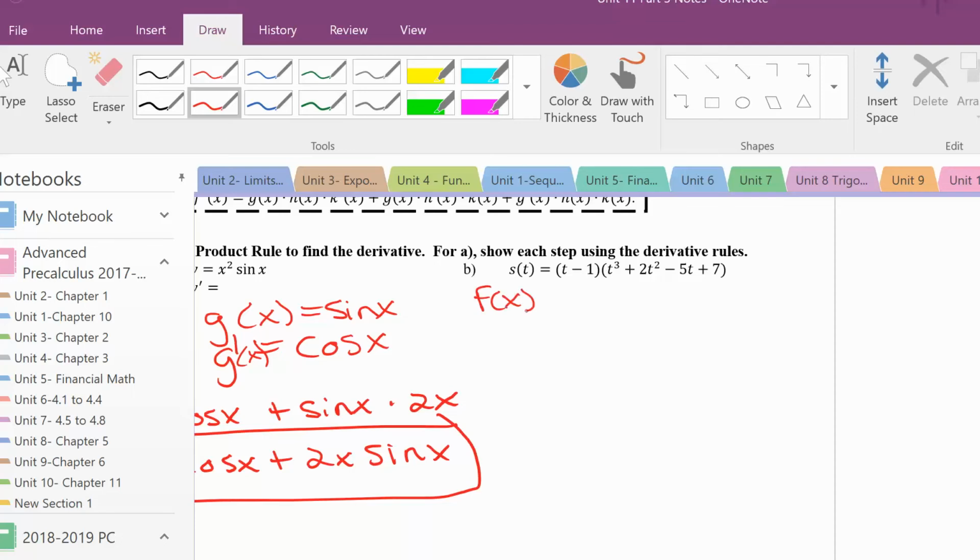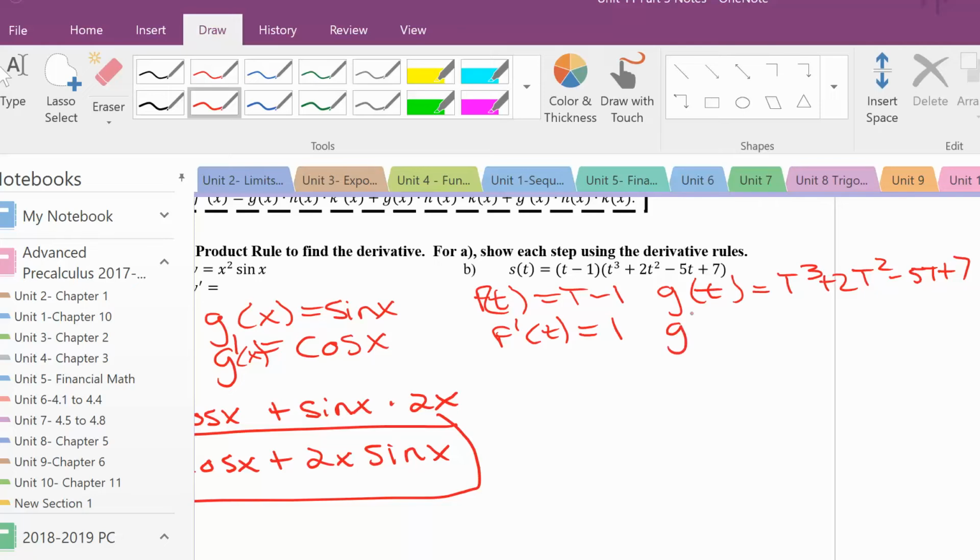So f of t is equal to t minus 1, and f prime is 1. g of t, they're t's, so I'll put the t's in there instead of the x's, is t to the third plus 2t squared minus 5t plus 7. And then the derivative is 3t squared plus 4t minus 5.